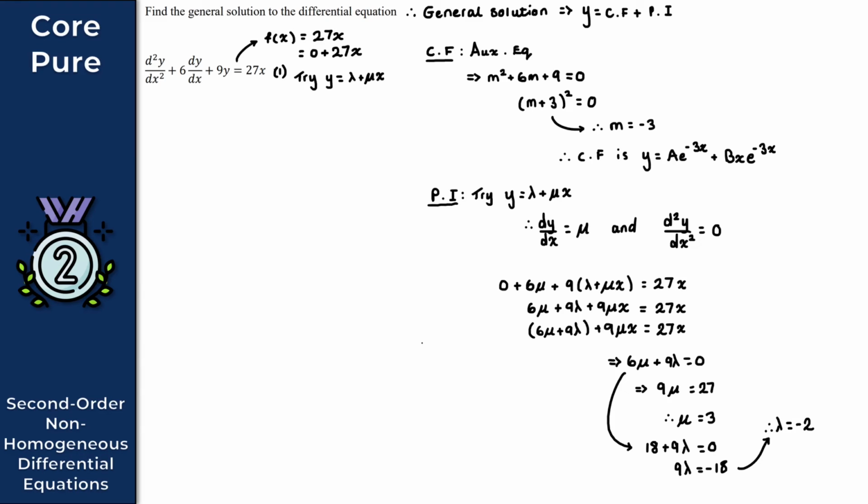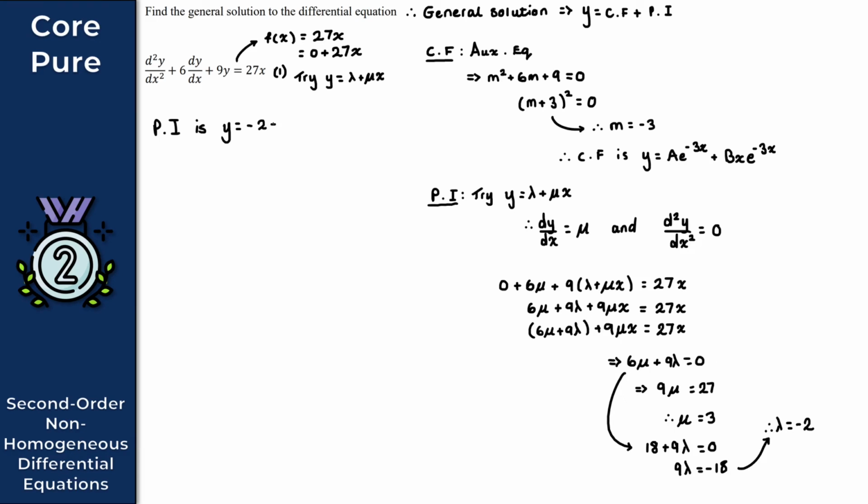Let's continue up here at the top. Our particular integral is y is equal to lambda plus mu x. So y is equal to lambda, which we just evaluated as minus 2, plus mu x, where mu is 3.